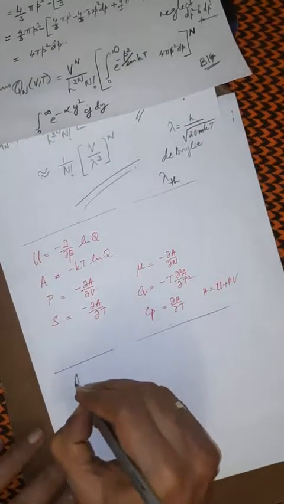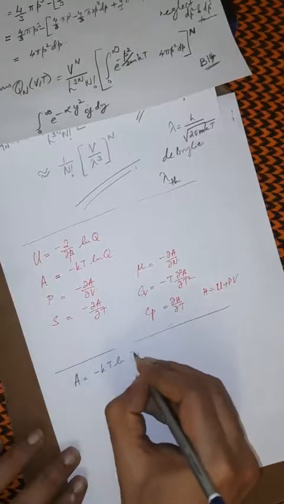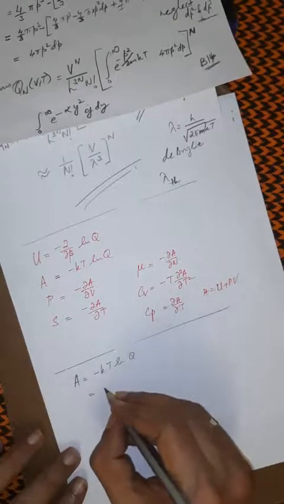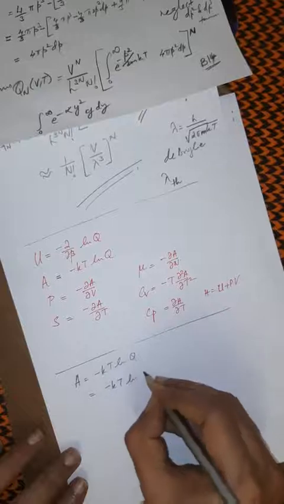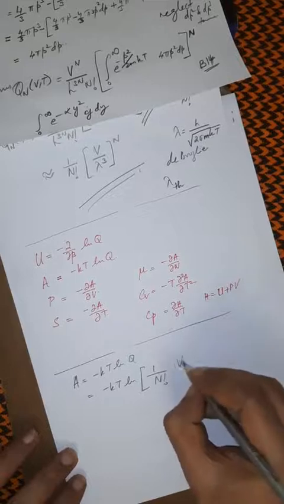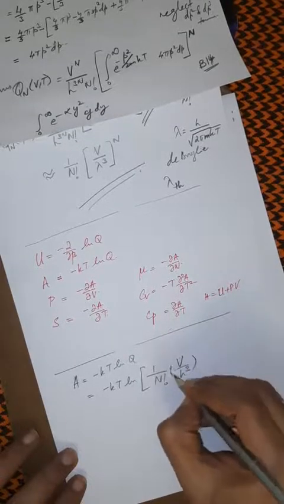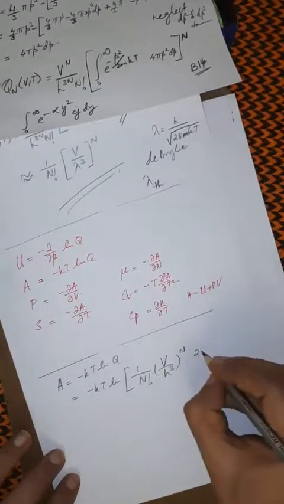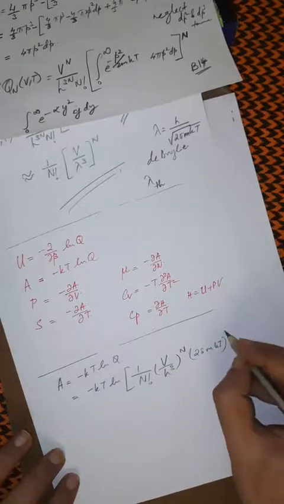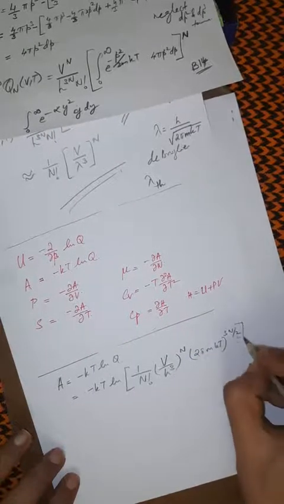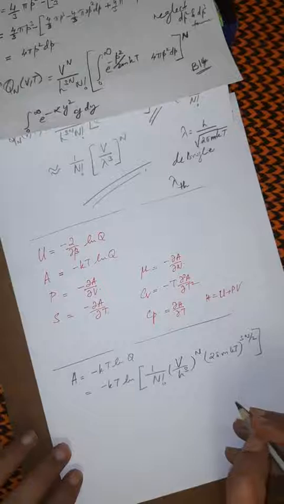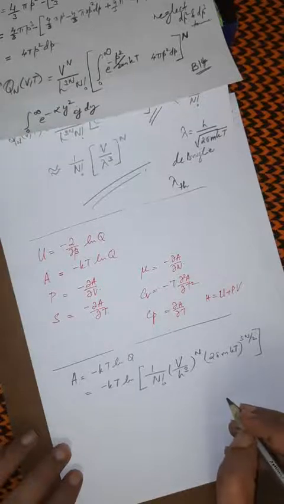So what was that? A is equal to minus kT ln Q, and I know the expression for the Q of the system also: minus kT ln of 1 by n factorial, V by h cube, raised to n, 2 pi mkT raised to 3n by 2. I have just simplified by taking the n inside, to help me in applying the logarithm.